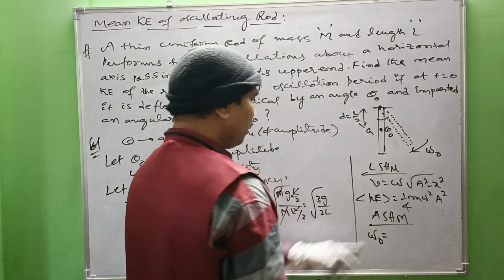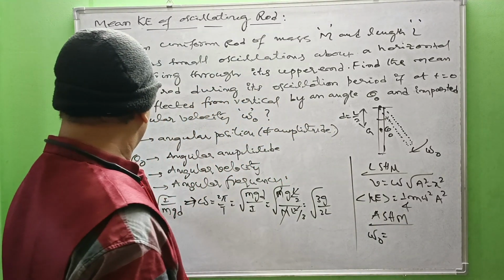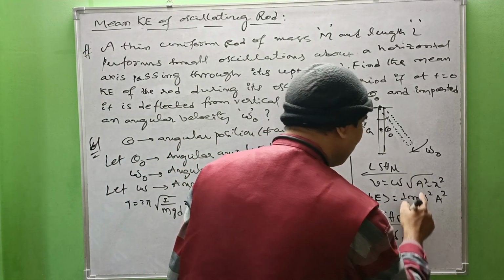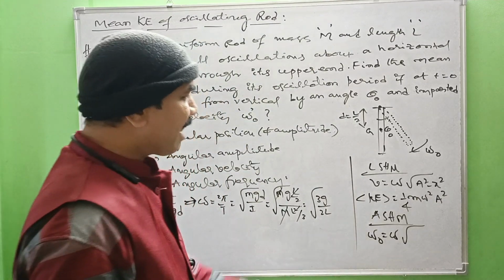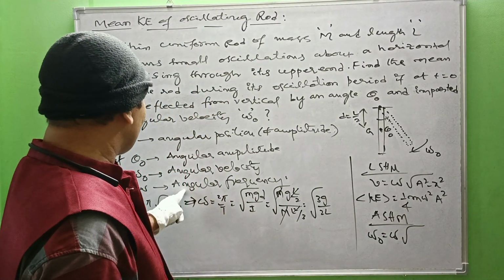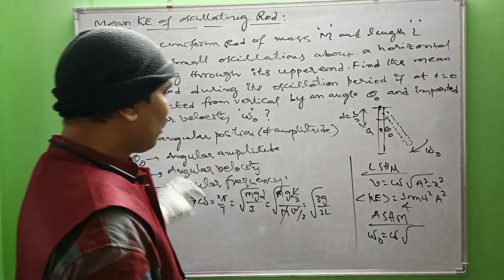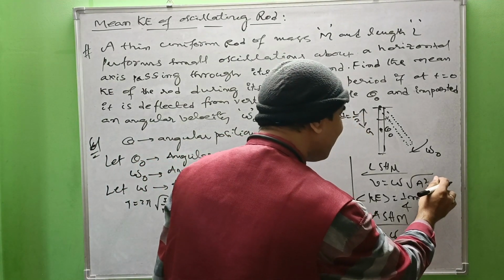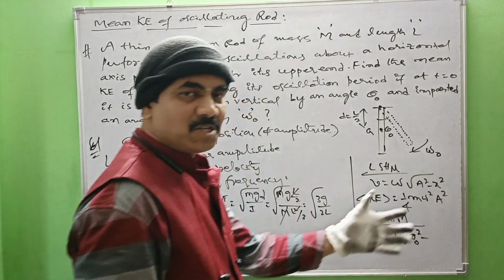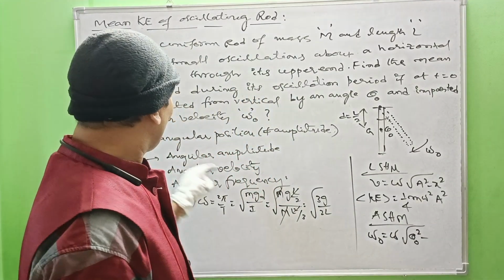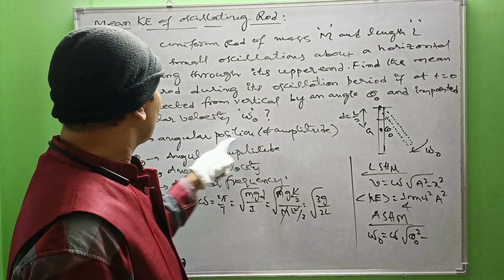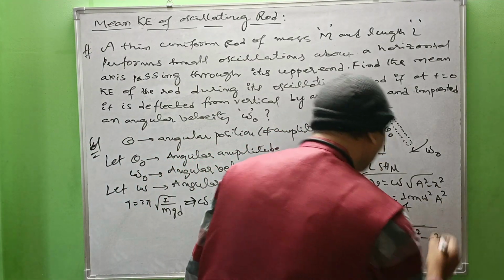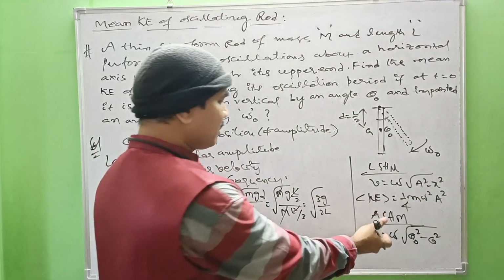Omega is the same symbol, angular frequency, into root over, instead of A linear amplitude, we consider angular amplitude, theta naught, so theta naught square minus, instead of x linear displacement, we have angular displacement theta. So theta square. That is the modified expression.